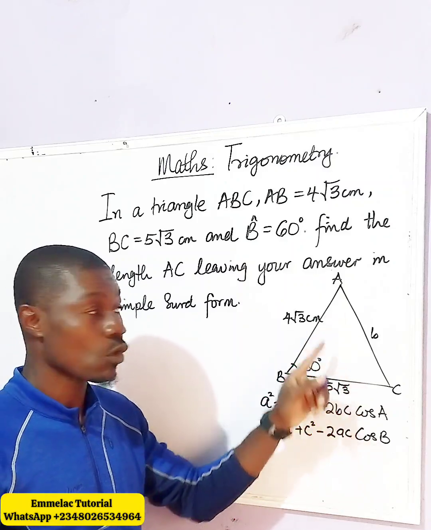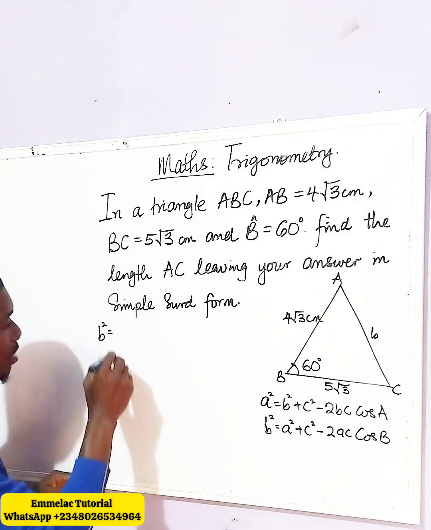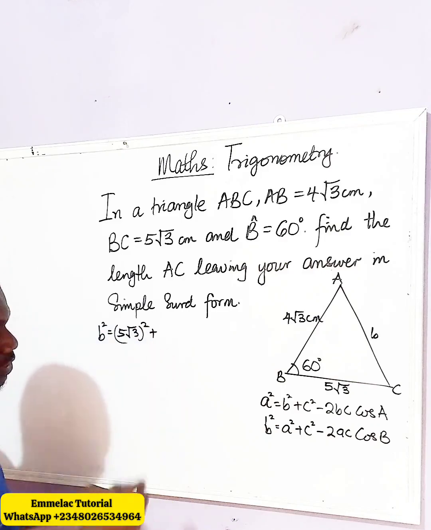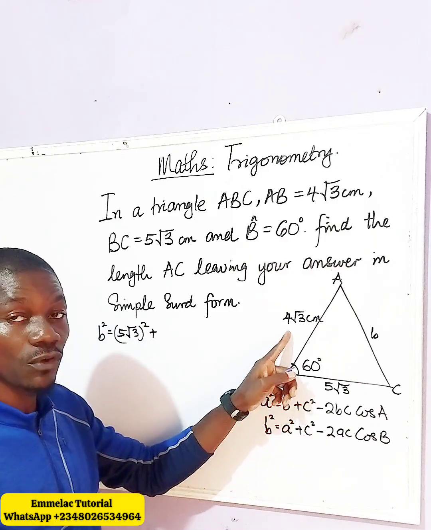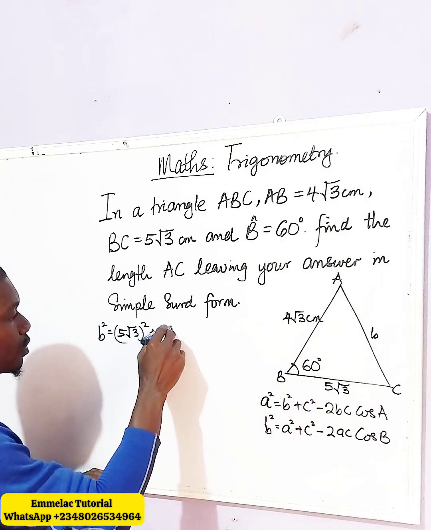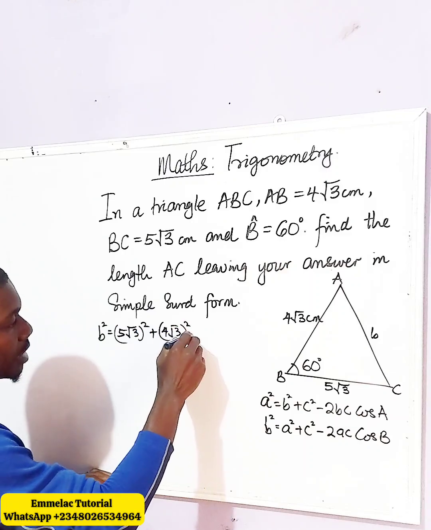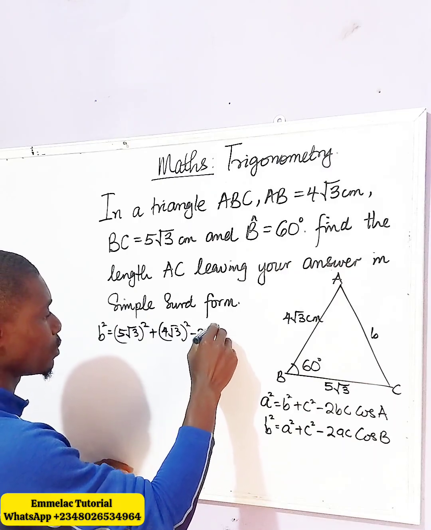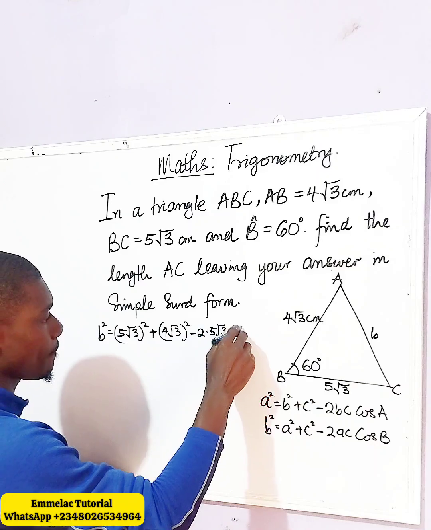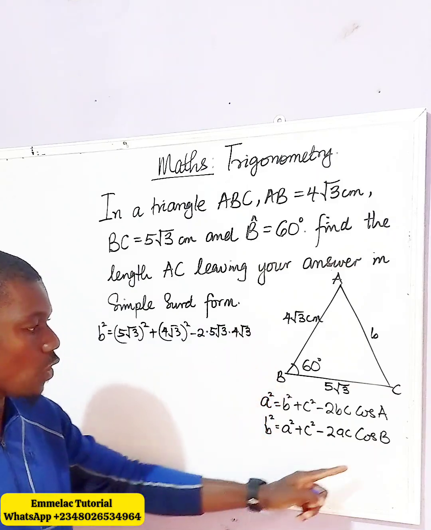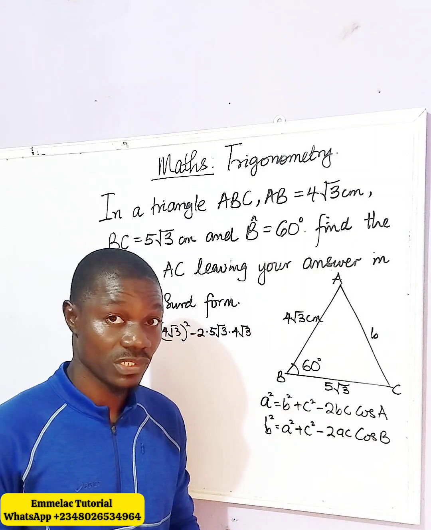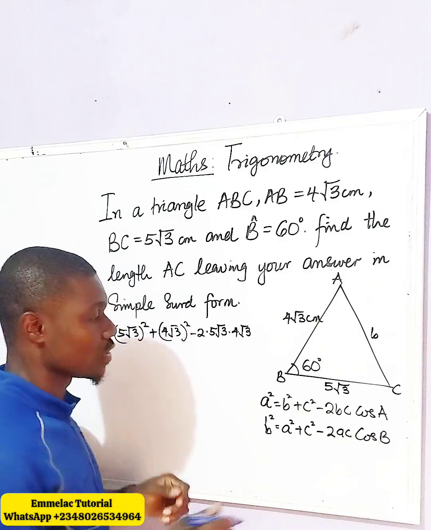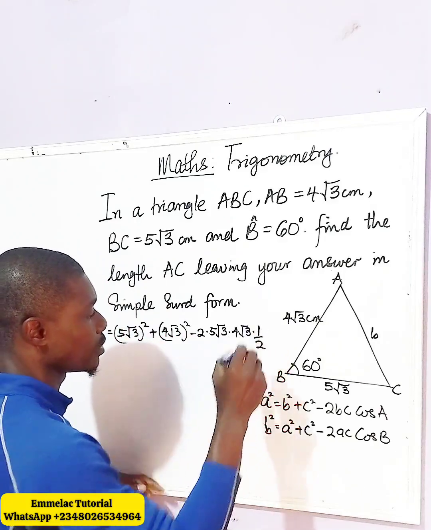That is the side opposite the angle A. So here you have 5 root 3 all squared, then plus c, which is 4 root 3, all squared, then minus 2 times a, that will be 5 root 3 times 4 root 3, then cos 60. And cos 60 is meant to give us 0.5, so that will be 1 all over 2, times 1 all over 2.